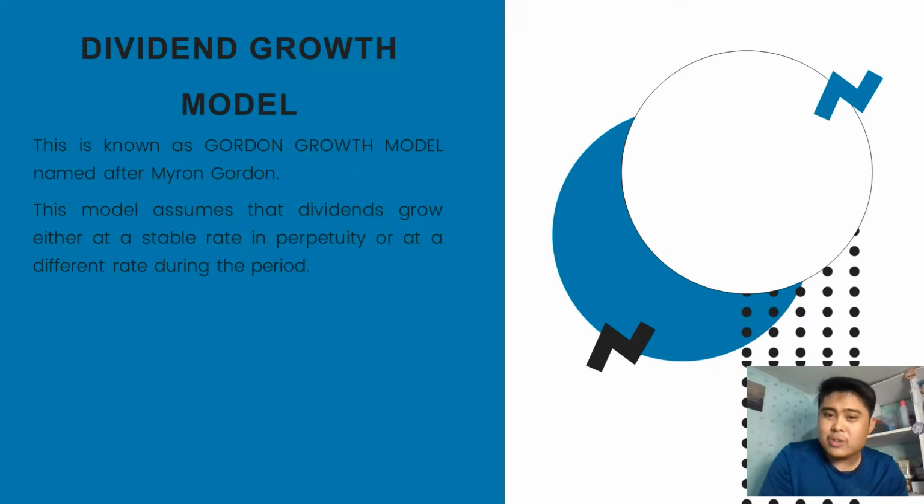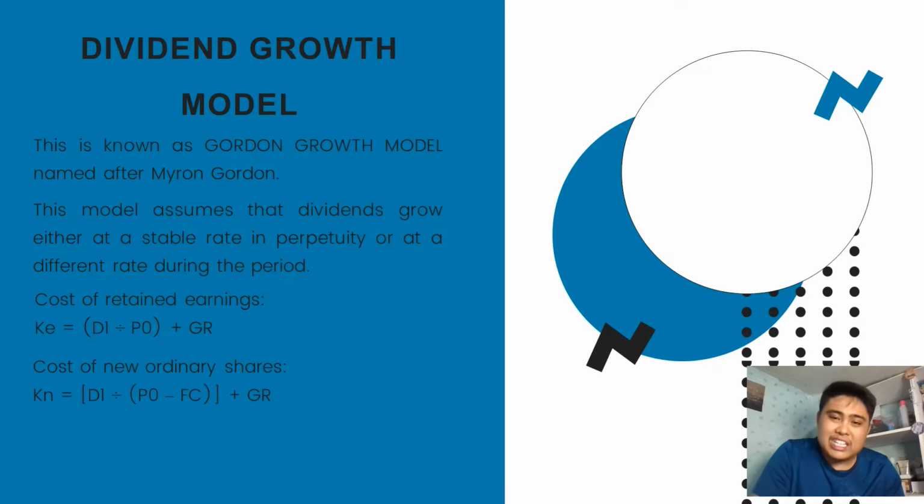Pero itong dividend growth model, I'll repeat, applies only to common equity. And when we say common equity, it could be retained earnings or ordinary shares. And the cost of retained earnings, take note, cost of retained earnings under DGM is known as KE. Kasi may mga problem solving minsan, ang nakalagay lang, compute KE, ay lintik na anong KE.